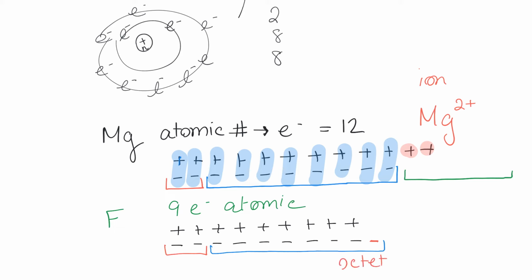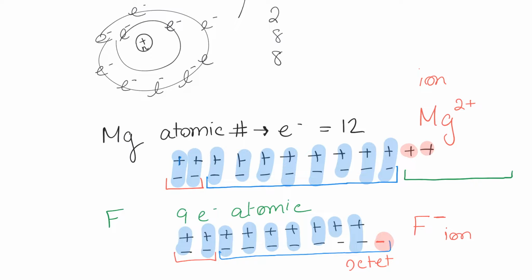So again, these all cancel out into a neutral charge, and then what's left is this negative charge. So fluorine's ion is F with a negative. It's really 1 negative, but we don't write the 1, because we don't write 1s. If it had been 2, we would have written 2 negative, but it's only 1.